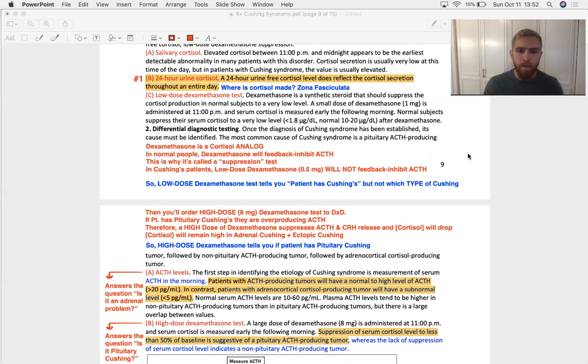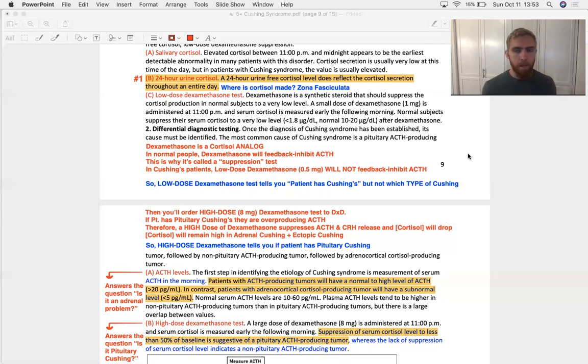You give someone a low dose of dexamethasone, and when you check their ACTH, it should drop because of the HPA axis way back on page 4 of this SDL. You remember that cortisol feedback inhibits ACTH. So if dexamethasone is a cortisol analog, it'll make ACTH go down.